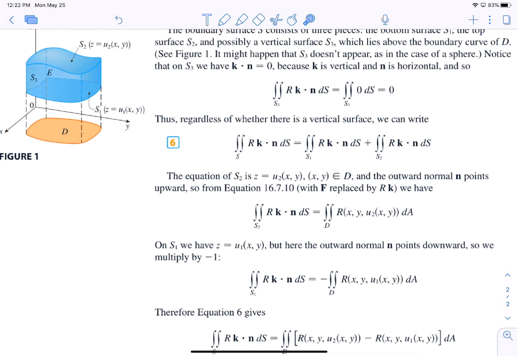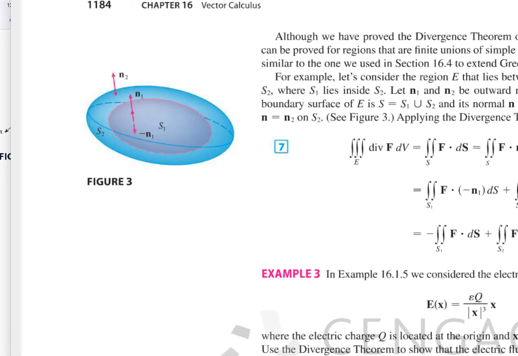Over S2, we're considering Rk dot n dS, and using a result from a previous section that's expressed as the double integral over D of R evaluated at (x, y, u2) dA. We have a similar result for S1, but the normal vector points downward. And so we have the same double integral, except it's got a minus sign out front, and we're at u1 because we're talking about the bottom surface.